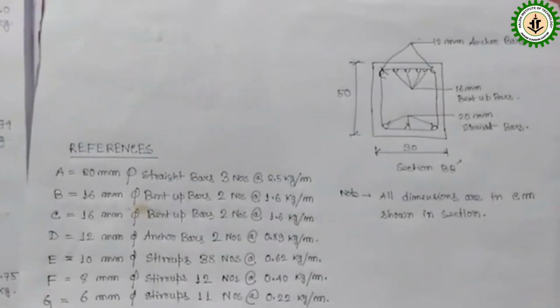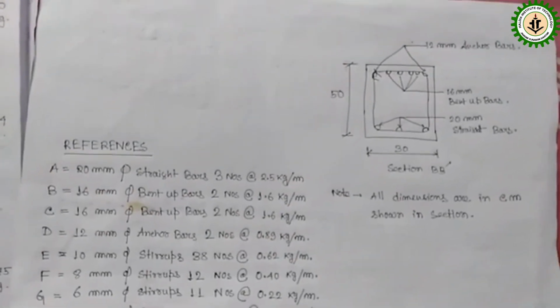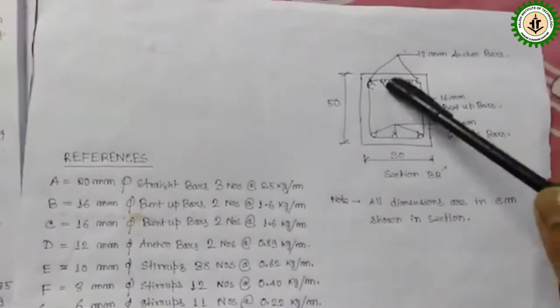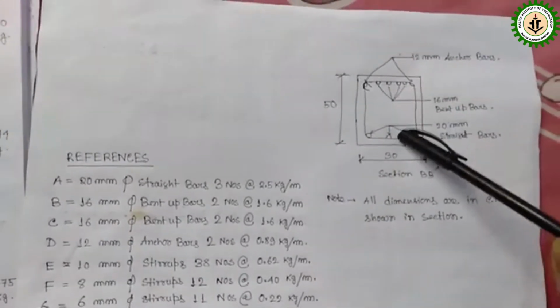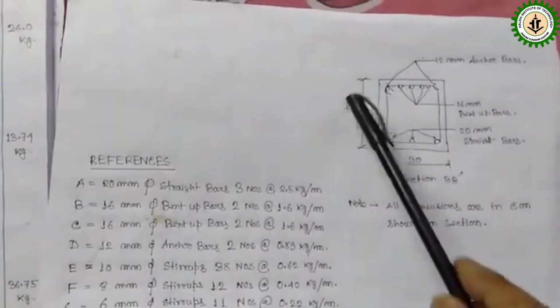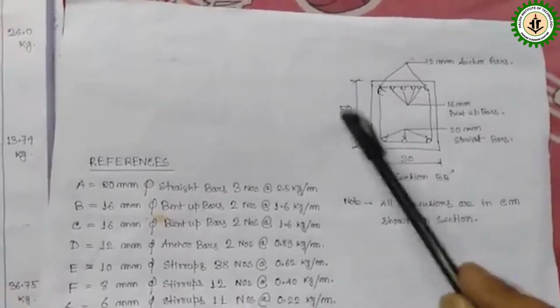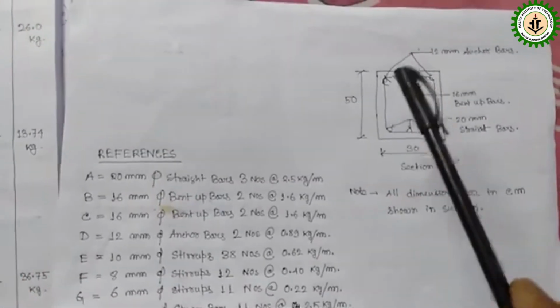From the plan we can find E-type stirrup bars, and for that we have to select section BB dash. Okay, so this is the section BB dash, and from that section A length is this length, that is A, in vertical distance, and total height is here. Our total vertical height of this beam is 0.5, that is 50 centimeter, that means 0.50 meter.